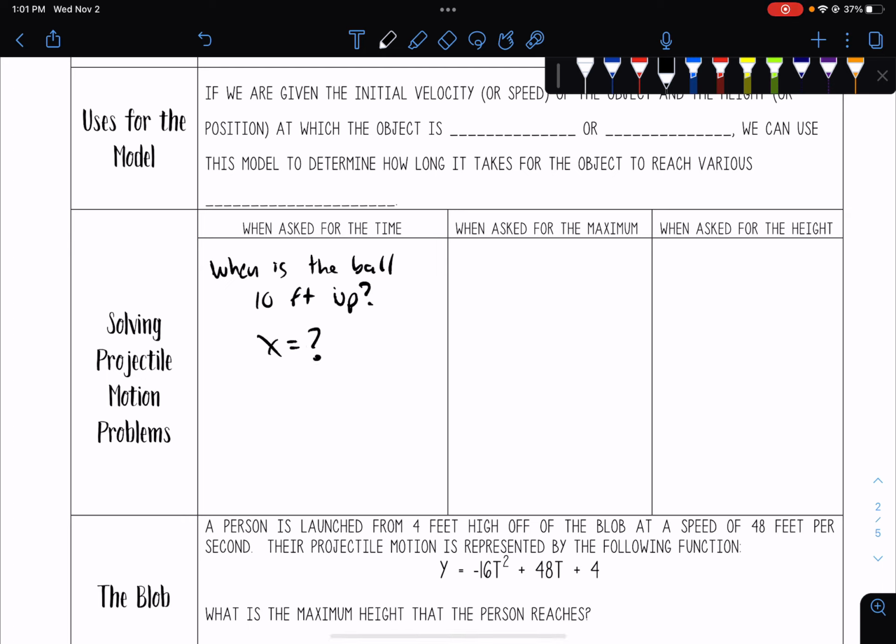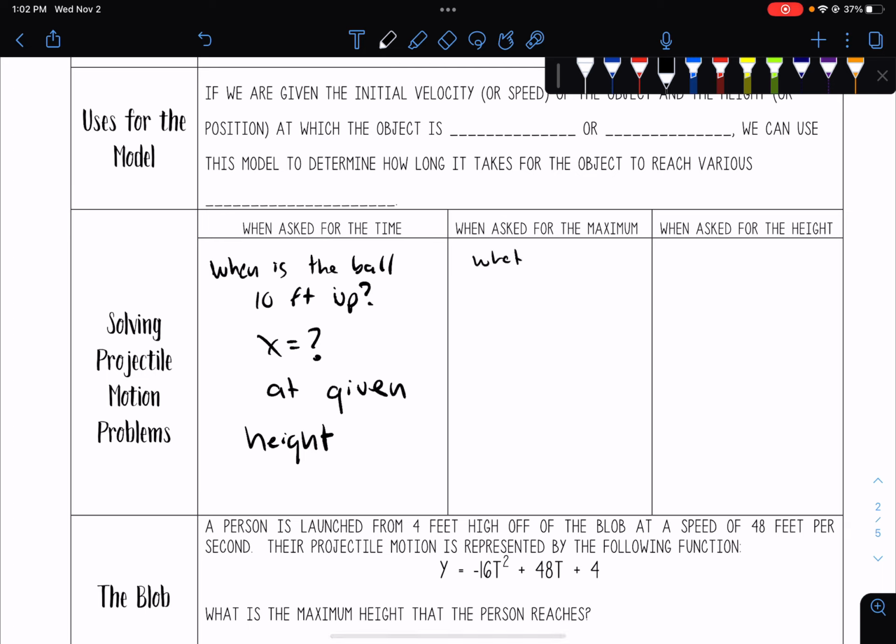So you're looking for an x value. It's going to give you a y value, a given height. It's going to say, when is the ball 10 feet up? Or when does the ball hit the ground? Which means the height is 0. It's going to give you the height, and you just have to figure out what the x value is at that height, okay? It can also ask you for the maximum.